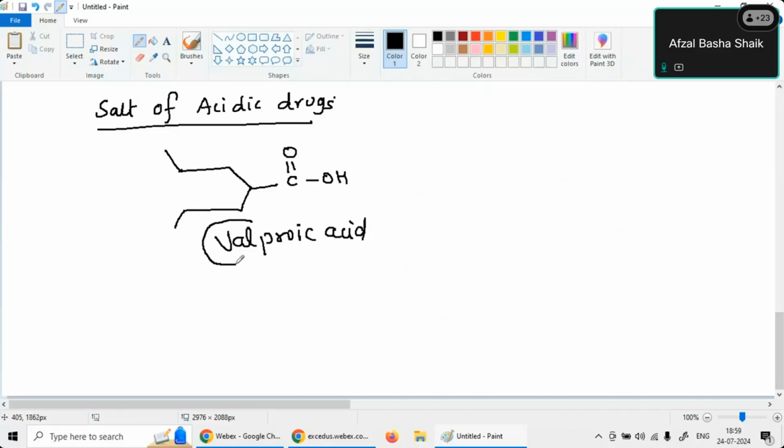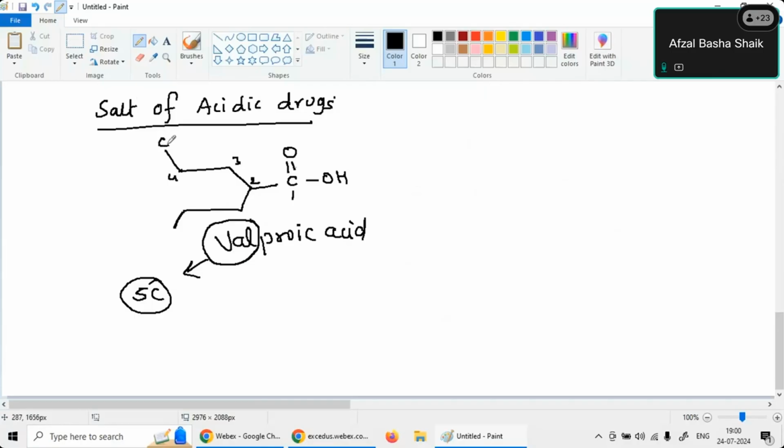valproic acid. Wherever you see "val", remember that the compound will have 5 carbon atoms. If you see this molecule, 1, 2, 3, 4, and there is a methyl group.